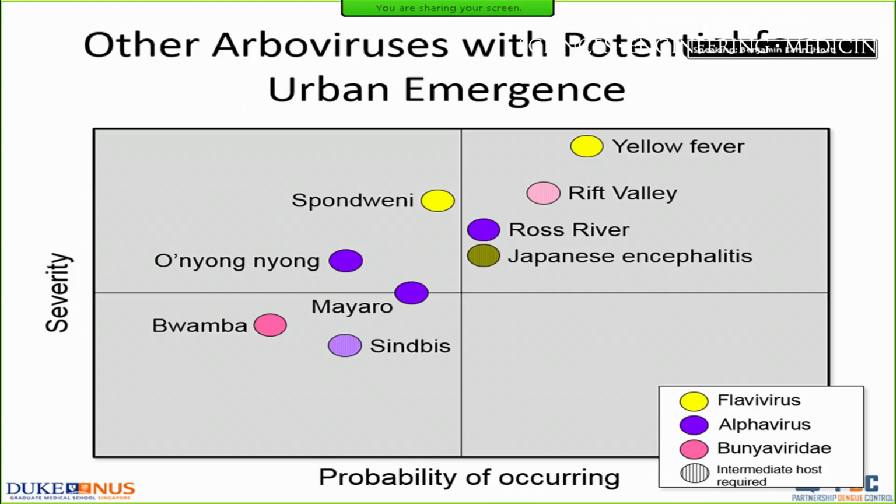Japanese encephalitis, another closely related flavivirus, much better understood than Zika, can cause severe disease and is very common in Southeast Asia. And then Rift Valley fever virus, a Bunya virus that occurs all over sub-Saharan Africa, occasionally causes major outbreaks in domesticated livestock and spills over to people.